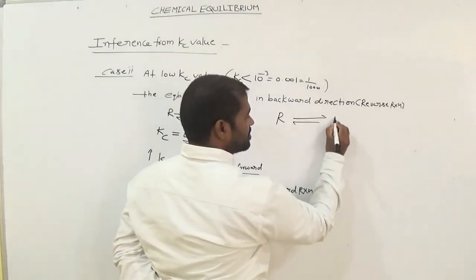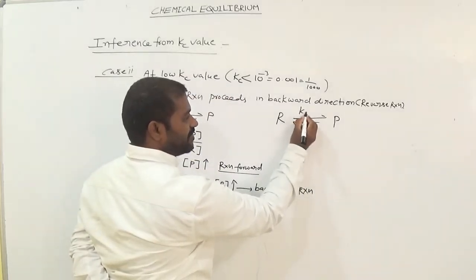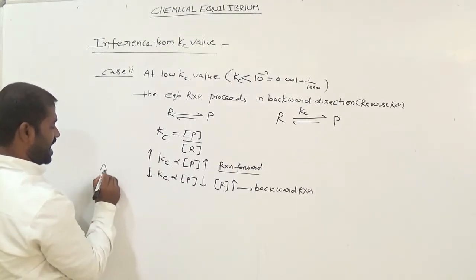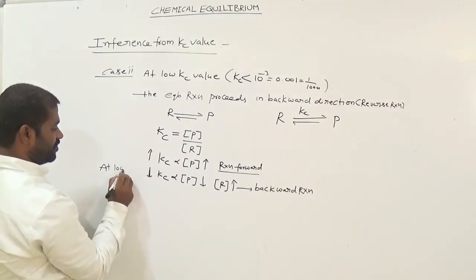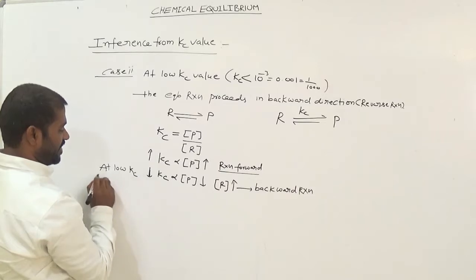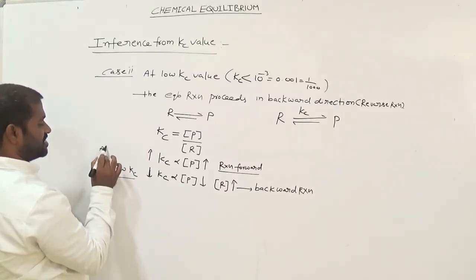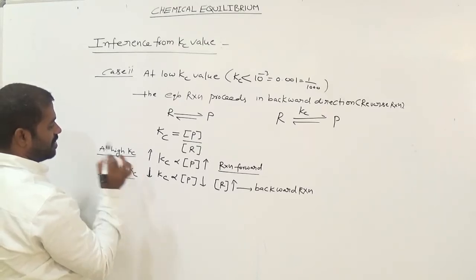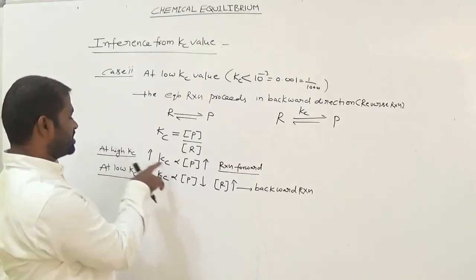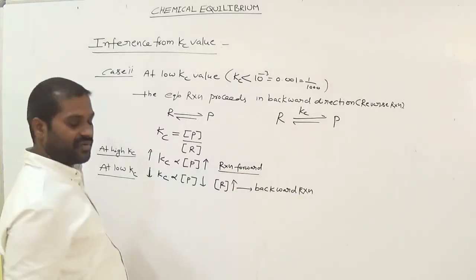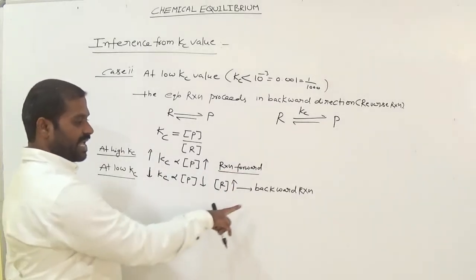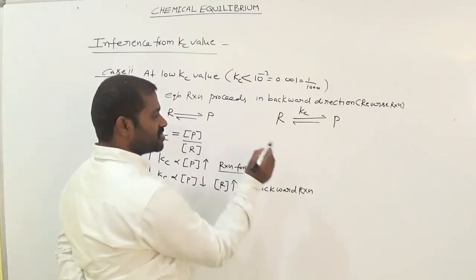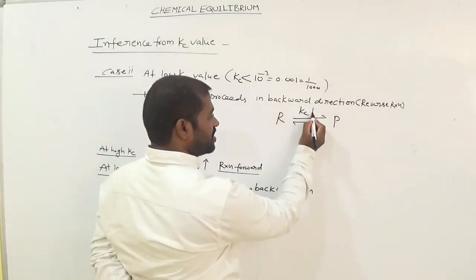So these are the products. This is the Kc. What happened here? Product concentration. This is at low Kc value. This phenomenon is at high Kc value. At high Kc value, this has happened. Reaction is forward. At low Kc value, reaction is in the backward direction. Okay. So why did it happen? So here Kc value is low.